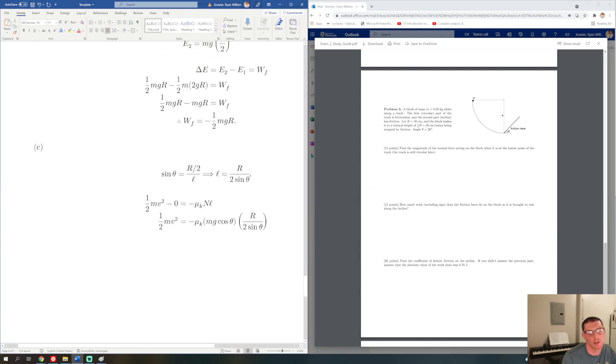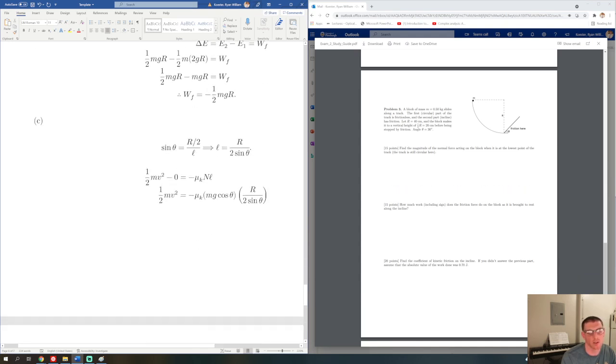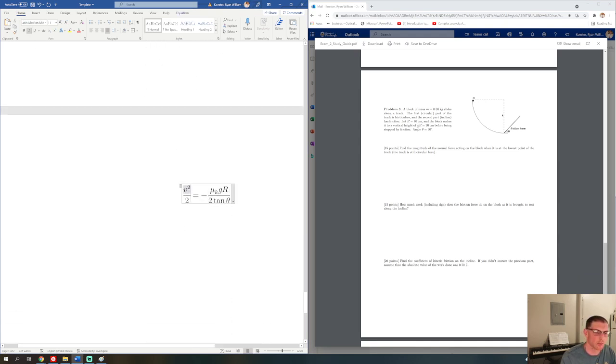But v squared is just 2g times big R, from what we had before. So we can cancel these 2's. We can actually cancel gR, which is cool. So now it's just 1.